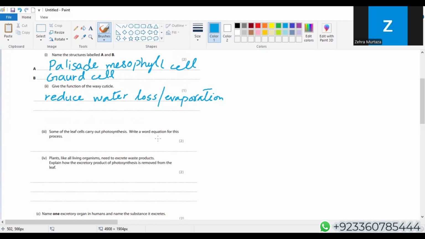In photosynthesis, we have carbon dioxide and water. Plants take carbon dioxide from the atmosphere, and it reacts with water, and then they turn into glucose, that is C6H12O6, plus oxygen. So this is the equation for photosynthesis.